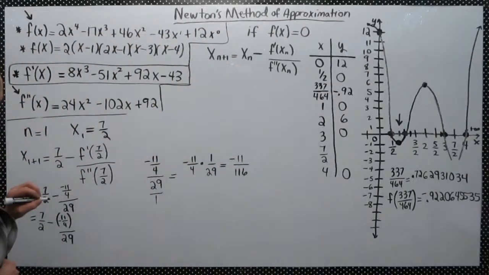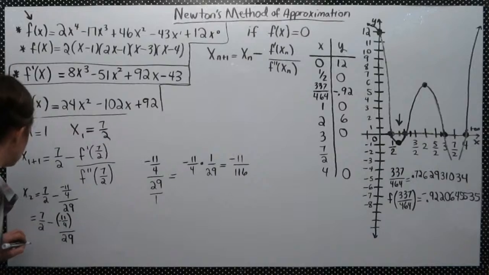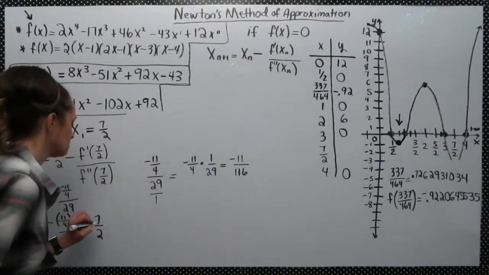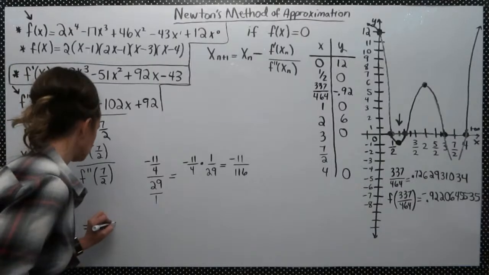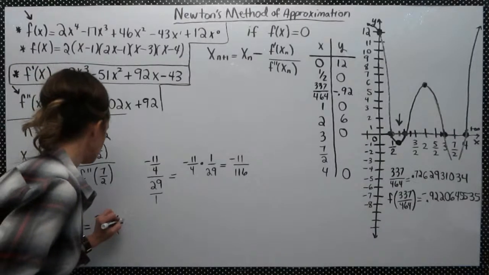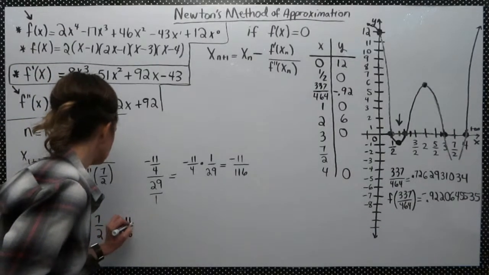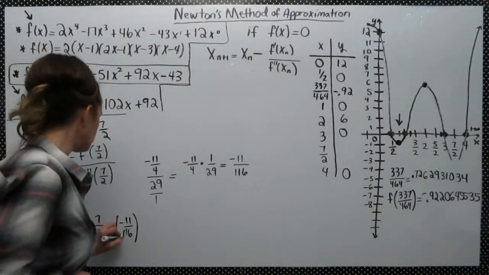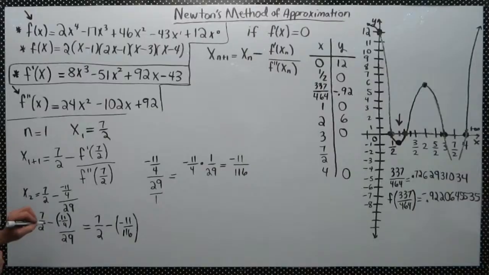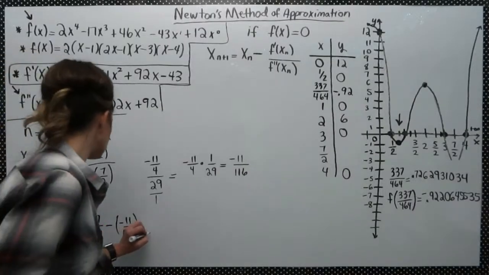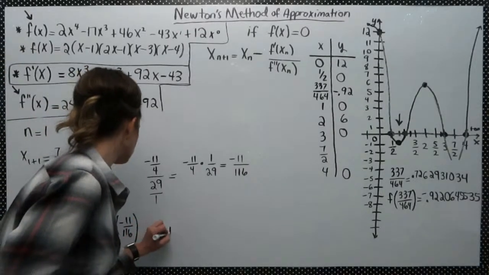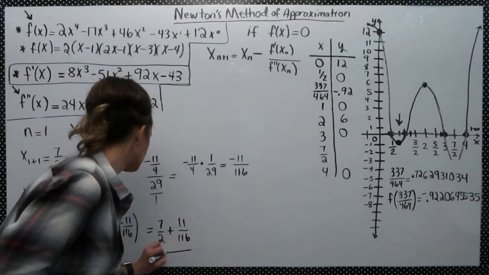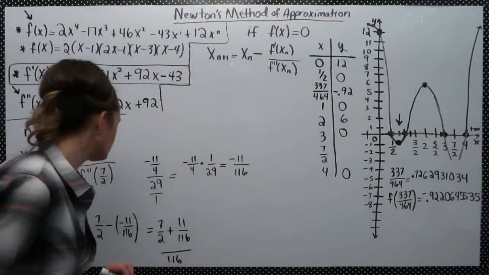Okay, so then we've got, we'll put it here, 7 halves minus 11 sixteenths. Sorry, 11 over 116. And then that's a plus. So that's going to be 7 halves plus 11 over 116. Get a common denominator of 116.